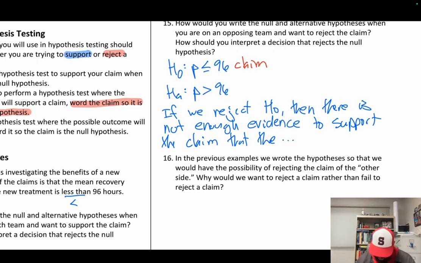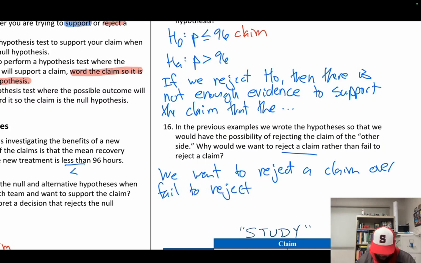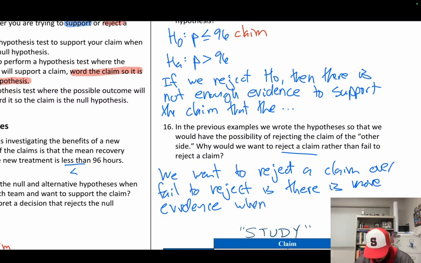The reason we want to reject a claim over failing to reject a claim is there is more evidence when you reject a claim versus when you fail to reject.